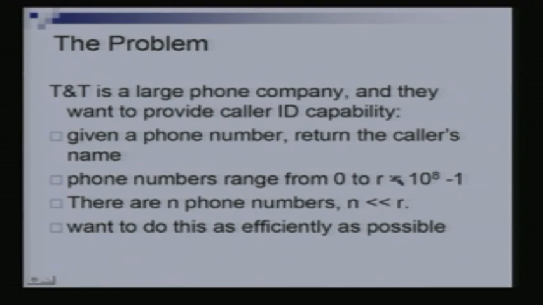You understand the difference between r and n. R is the range, which is 100 million, because the phone numbers are 8-digit numbers, and n is the actual number of different elements in your database, and we want to do this as efficiently as possible. Everyone understands the problem? Okay.